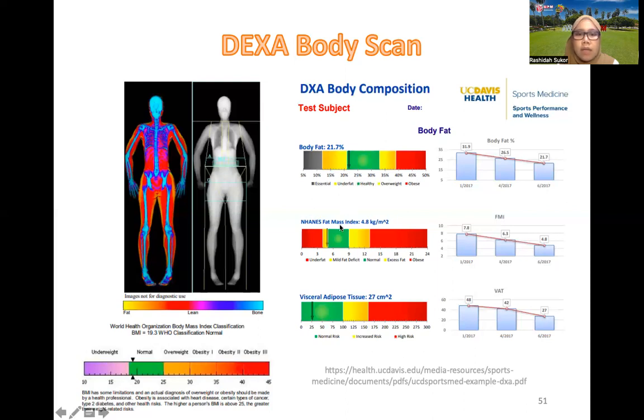The fat mass index is about 4.8 kilograms per meter square, which is considered normal or mild fat deficit. Visceral adipose tissue is very good, at normal risk. You can see the progress in January, April, and June. The fat mass index in January is getting lesser and lesser. So this person is an athlete, I think.